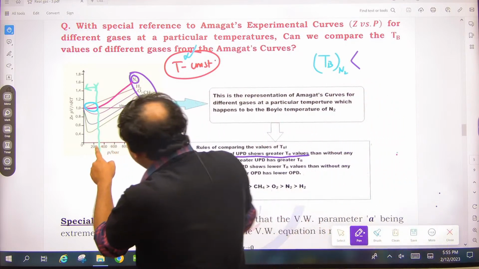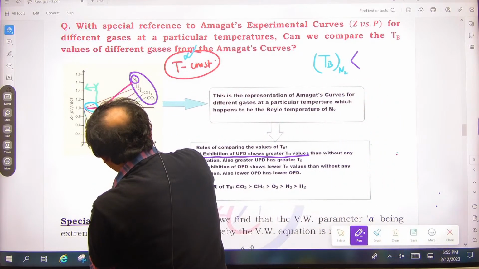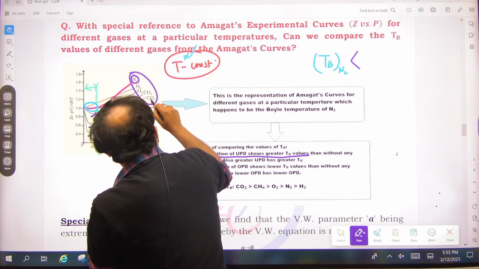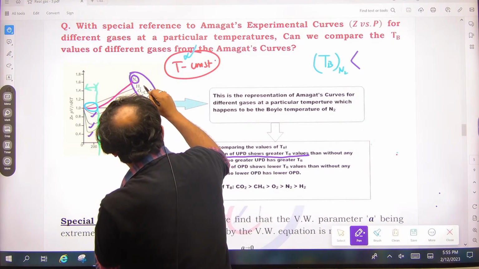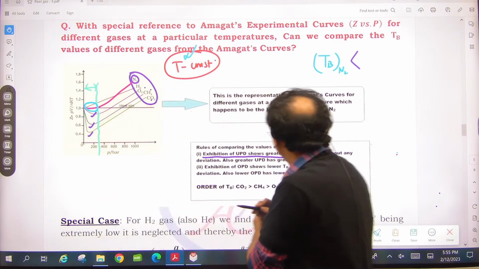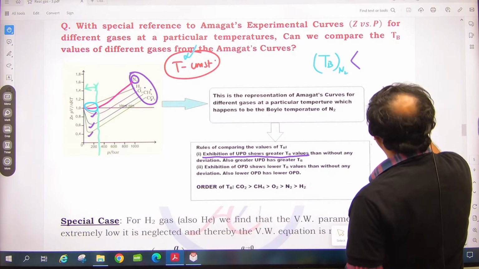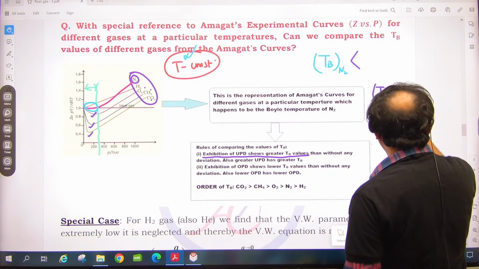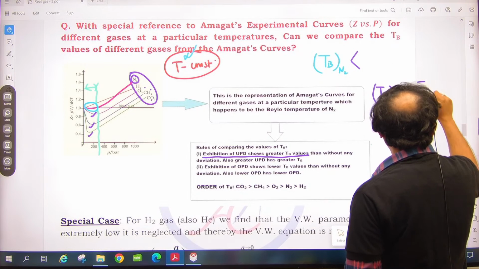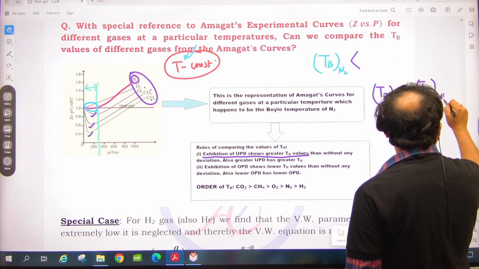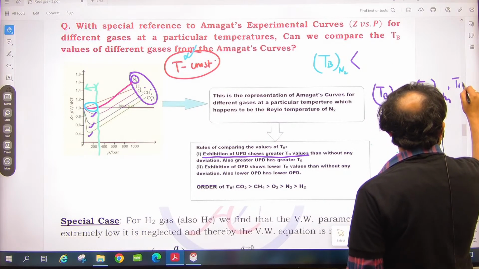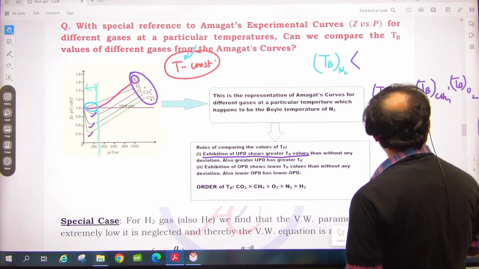Now which gases are exhibiting UPD? This one, and this one: carbon dioxide, methane, and oxygen. So TB of carbon dioxide, TB of methane, and TB of oxygen should be greater.